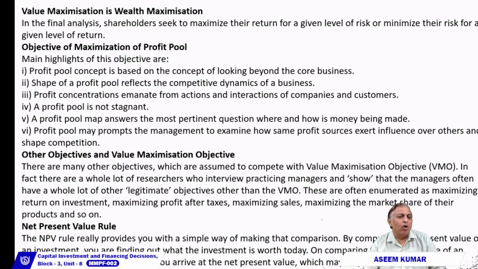Profit pool may prompt the management to examine how some profit sources exert influence over others and shape competition. All these objectives of maximization of profit pool are separate marvels to be included for maximization of profit.